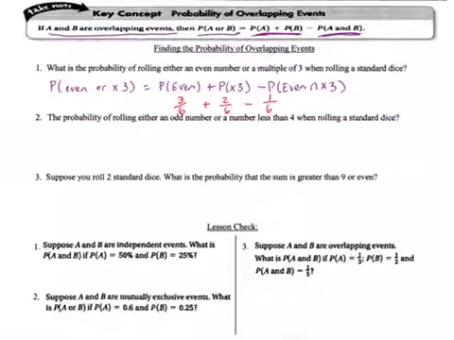Or if we want to think about it, the only even multiple of 3 I can think of on a die is 6, so 1 out of 6. And so now we'll just conduct this calculation. 3/6 plus 2/6 is 5/6, minus 1/6 is 4/6, or in this case, 2/3.